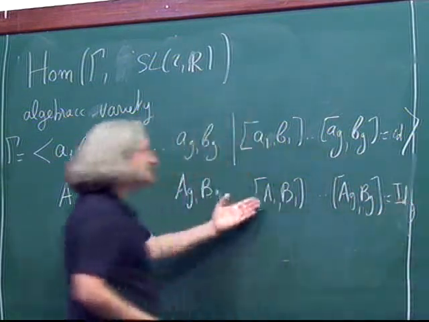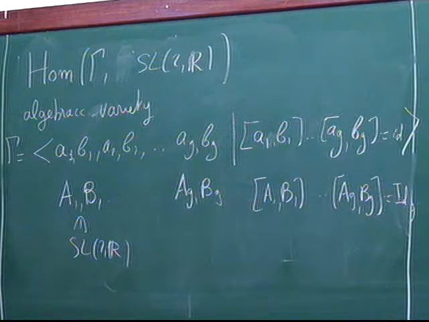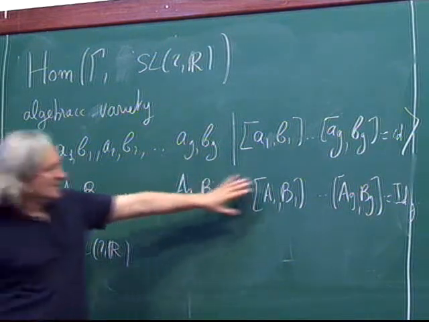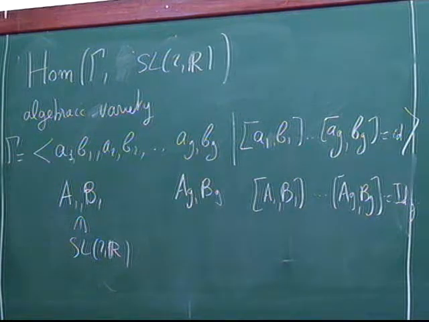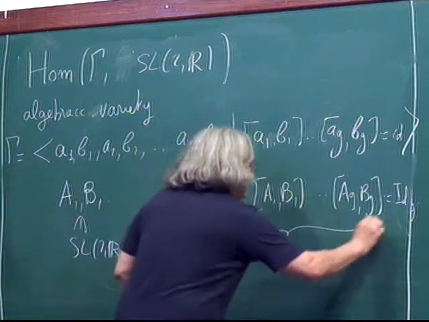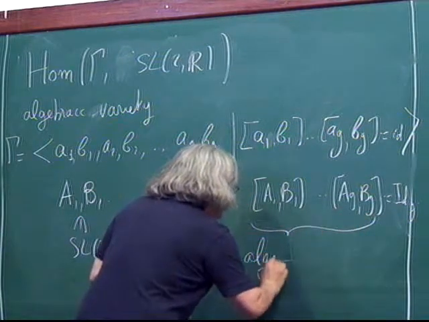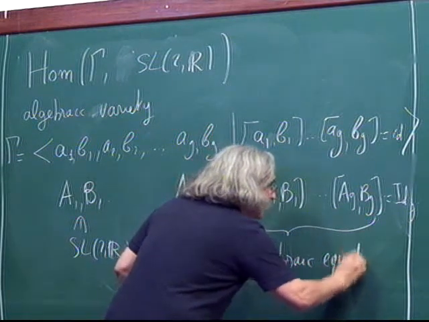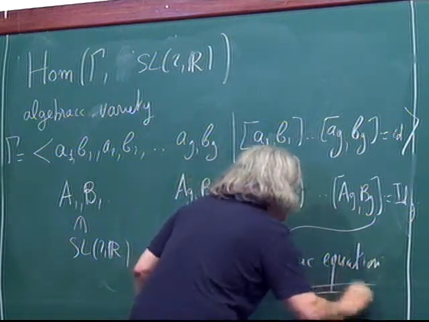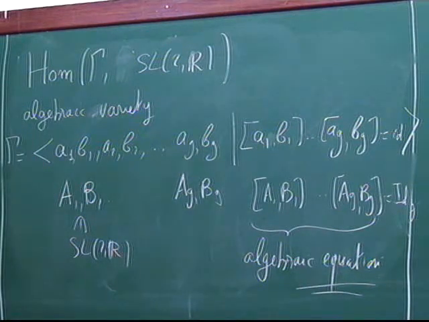And you see this is an algebraic relation between the coefficients. This is an equation for the set Hom(Gamma, SL2R). So this is really an algebraic equation. And indeed, this shows that this space is an algebraic variety.